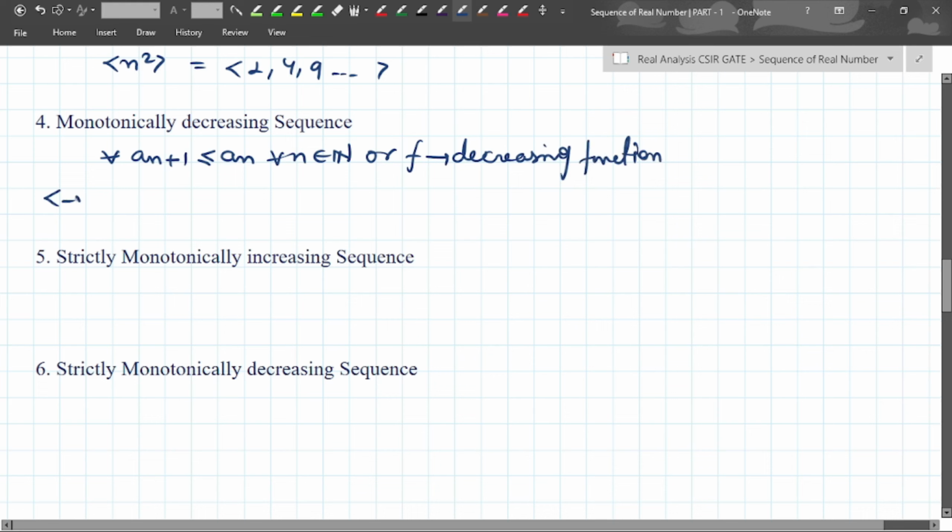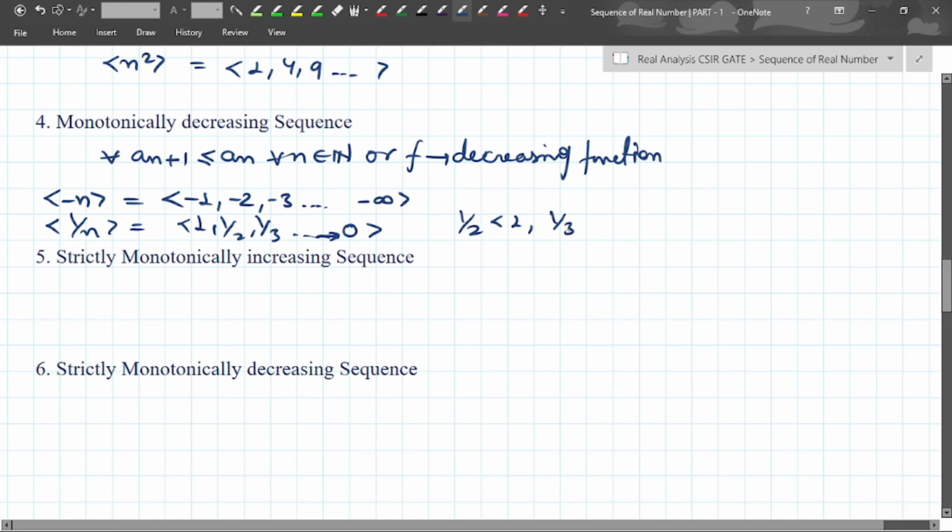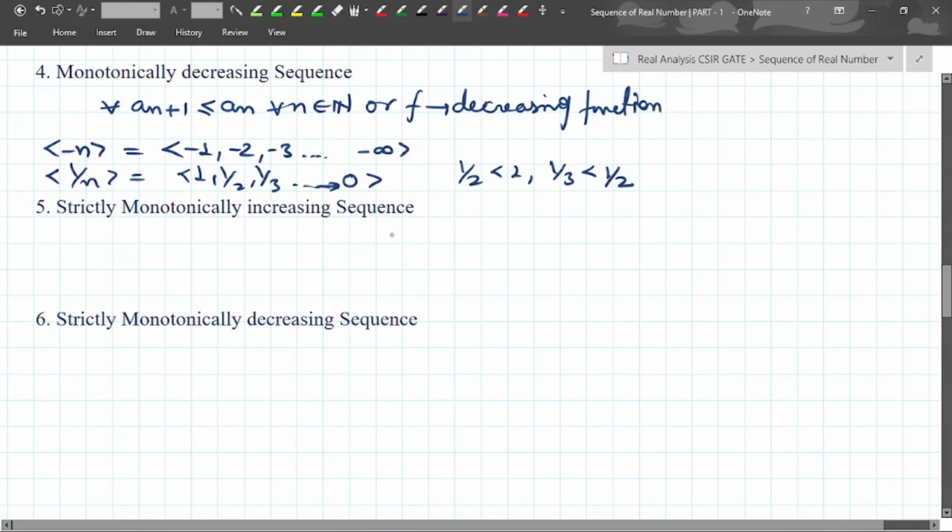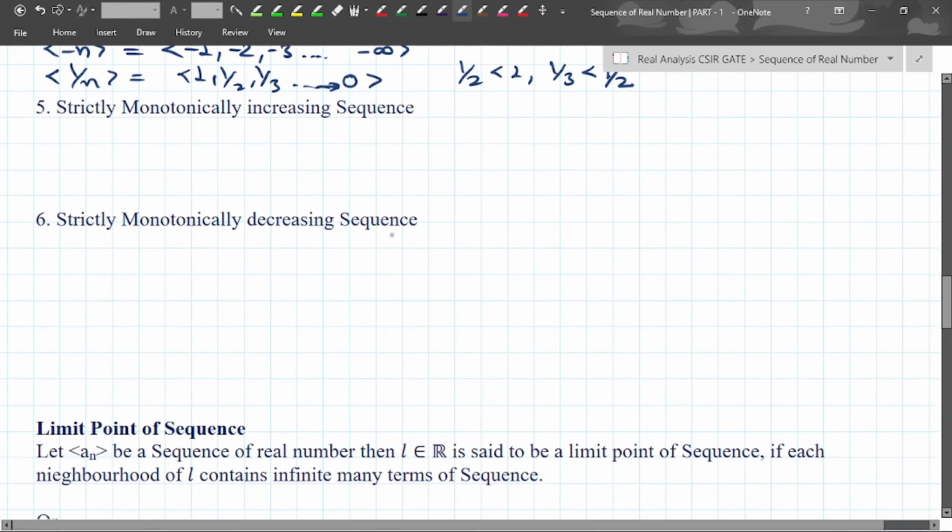Let's say minus of n: minus 1, minus 2, minus 3, and it will go up to minus infinity. Or 1 by n: 1, 1 by 2, 1 by 3, tending to 0, not reaching 0. So it is decreasing. Here you can see 1 by 2 is less than 1, 1 by 3 is less than 1 by 2. So these all are examples of a monotonically decreasing sequence.